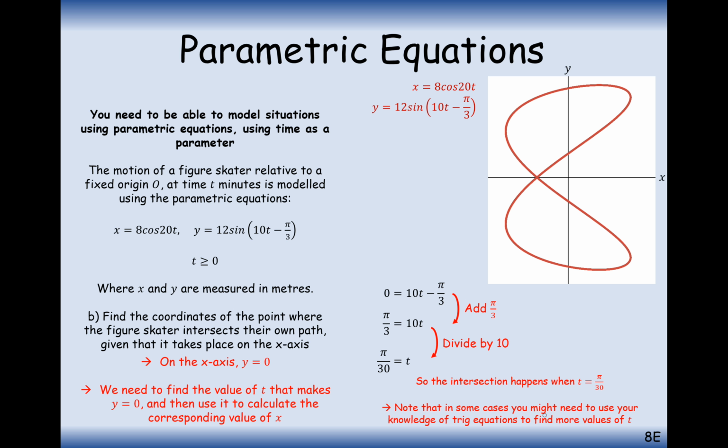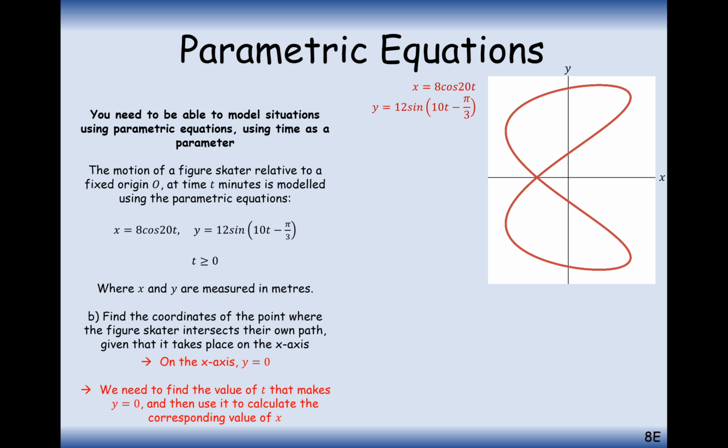Note that in some cases you might need to use your knowledge of trig equations to find more values of t. In this case we won't, because we've got t is greater than 0, so it follows the domain for t, and it's going to be where we intersect the path. We don't necessarily need to show it's going to come round and loop back onto itself again.